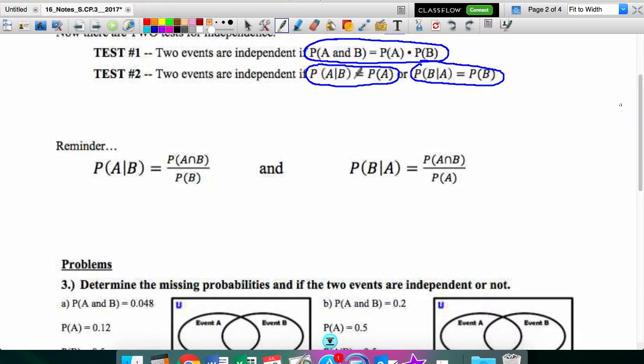However, in the set of notes, I wanted to throw out the reminder that we can calculate the conditional probability of any two events, whether they're independent or not, using the following formulas.